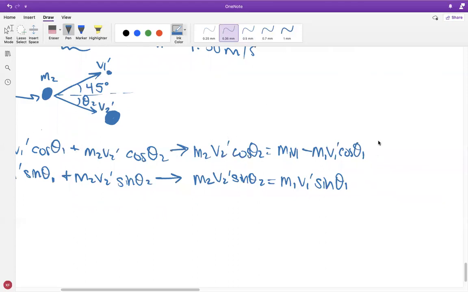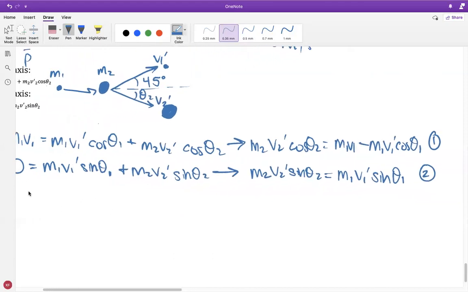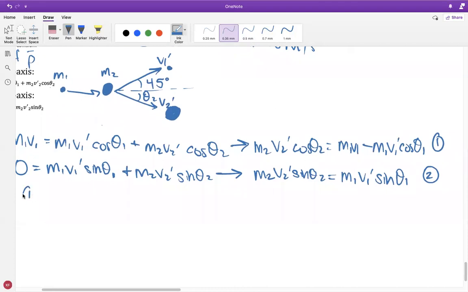If this is equation 1 and this is equation 2, I'm going to divide equation 2 by equation 1, and you'll see why in a second.